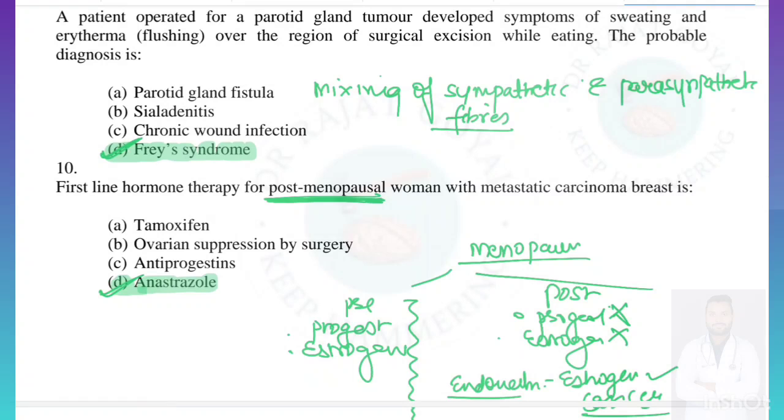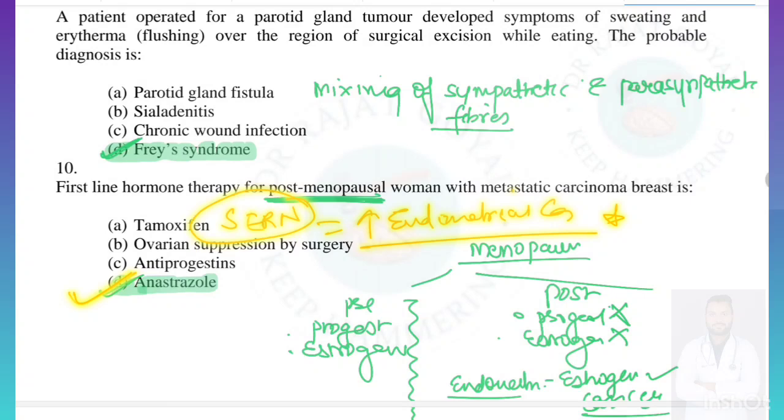But they are talking about the menopause. After the menopause, anastrozole is considered, not tamoxifen, because tamoxifen is the SERM and it may lead to the increased risk of the endometrial carcinoma. So here answer will be anastrozole.